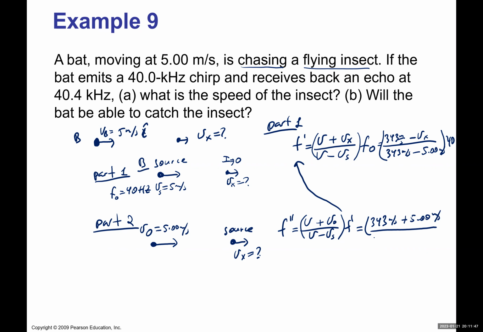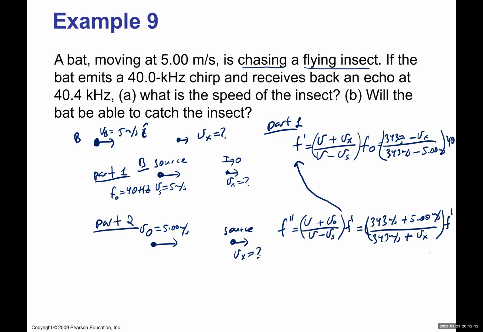Then this is over 343 meters per second minus Vs. I know that the source, which is the insect at this point, is moving away, so it's going to be some negative number, so I can just put plus Vx. And times F prime.